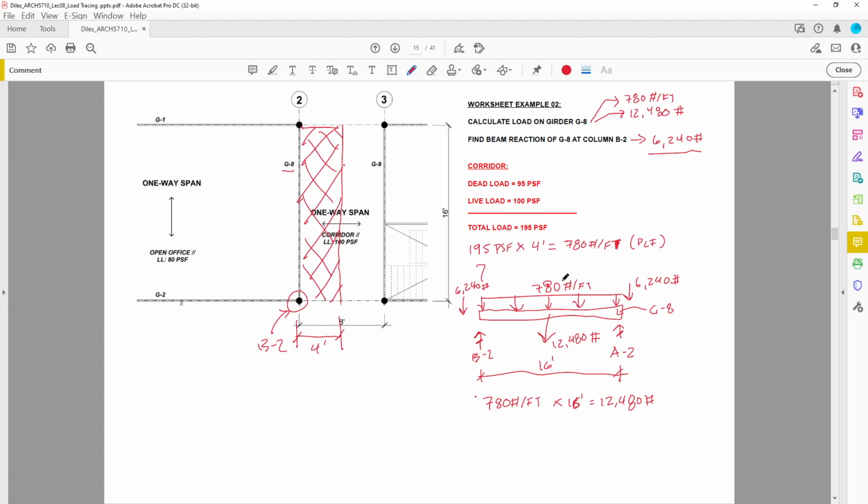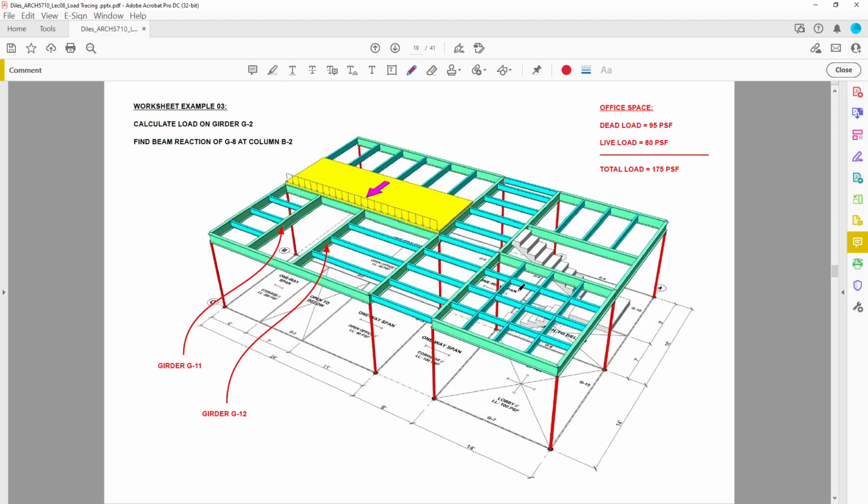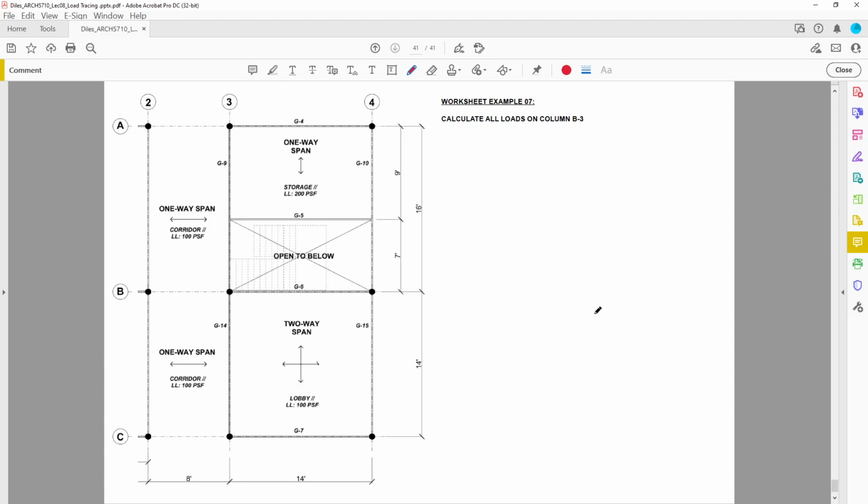Which means that we're going to have this 780 pounds per linear foot, and then a 12,480 point load. Let me just write that down. I think I already have it written down. Do I? 12,480. Yes, I do. Okay, awesome. So let's go back to the problem that we're working on here.